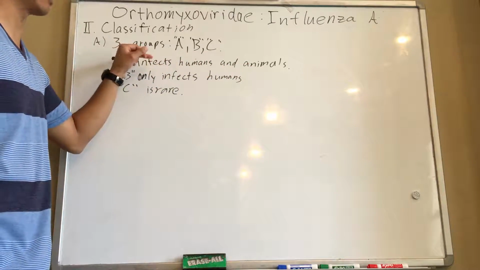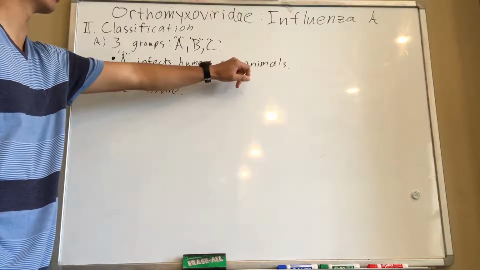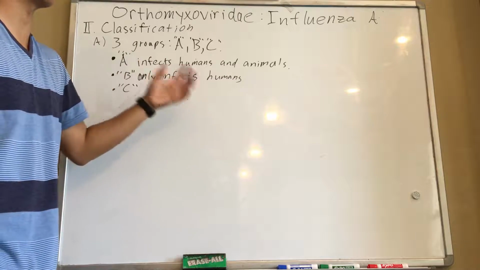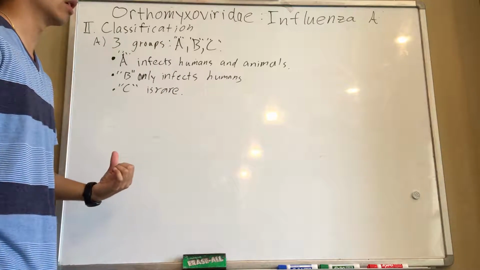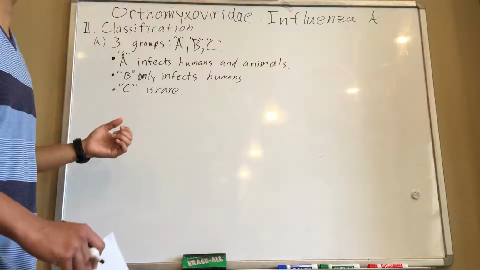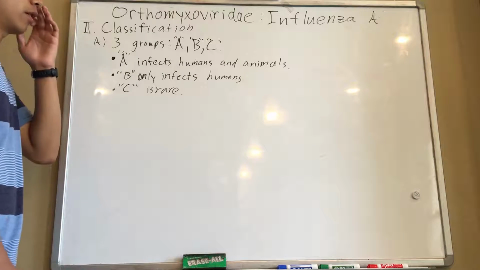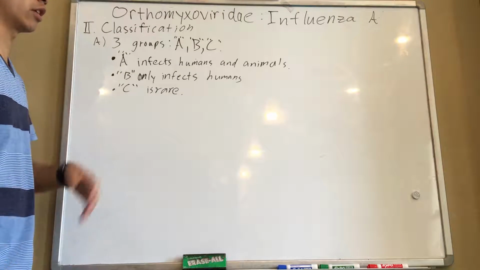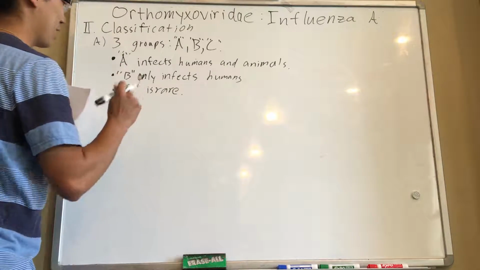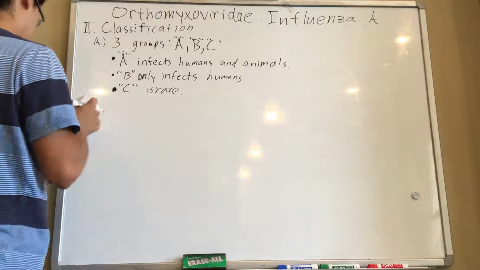But because it's influenza A and it has 8 genome segments and it can recombine all its genome segments, it can now cross the species barrier and infect humans. So now you have a virus that can infect humans and chickens, and when you get sick from it, your fever is now above 105 degrees, and you die. Nothing funny about the death, but it's crazy what flu can do.